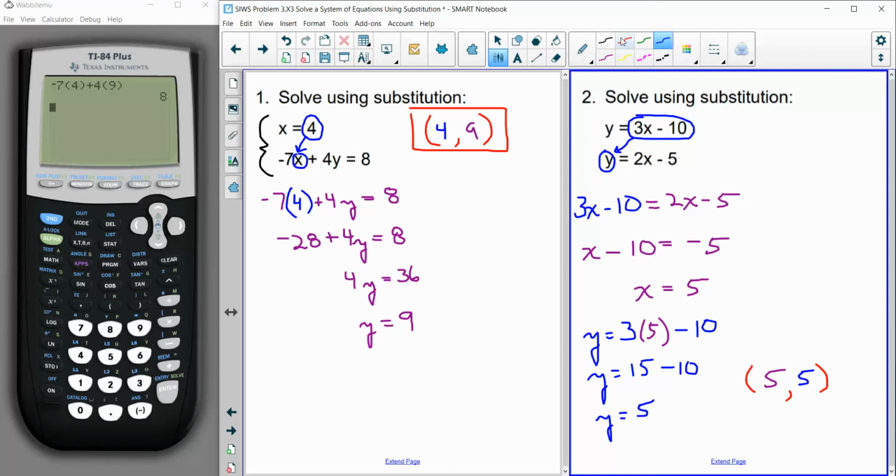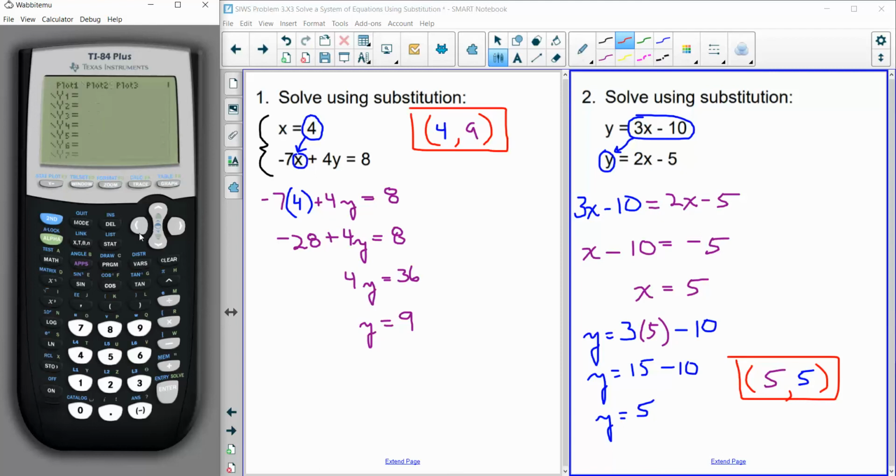Well, we're going to check our answer first. So 3 times x minus 10, that should equal y. And also 2 times x minus 5 should equal y.